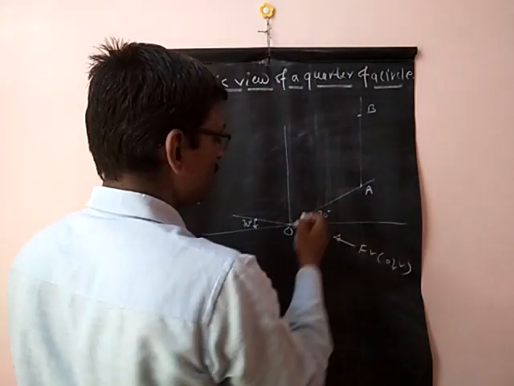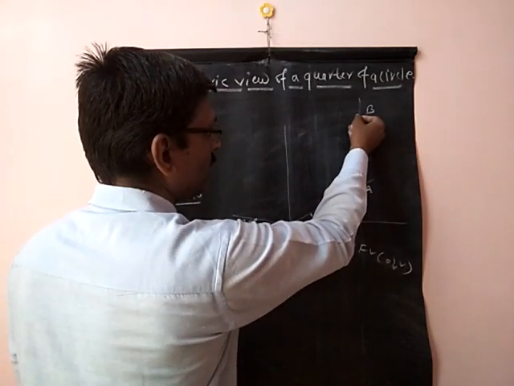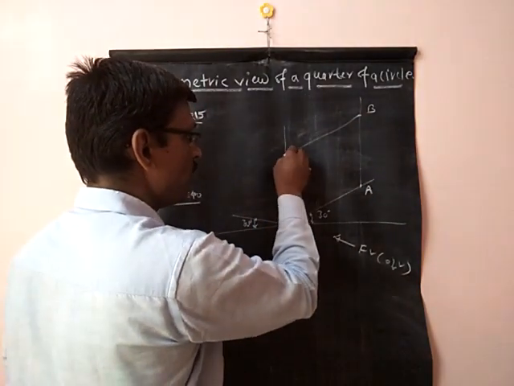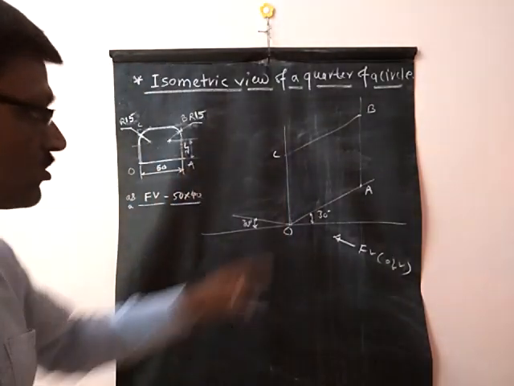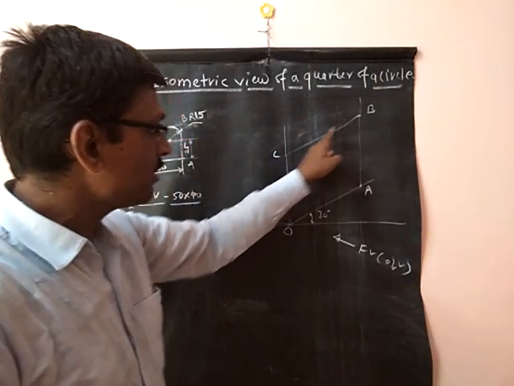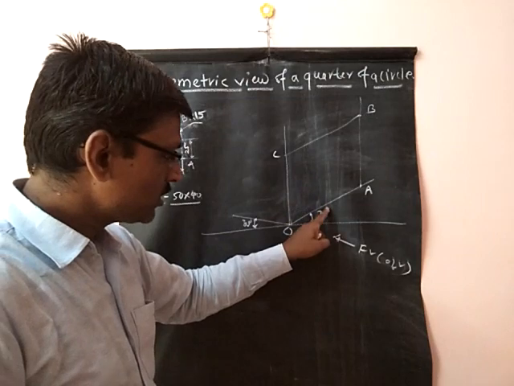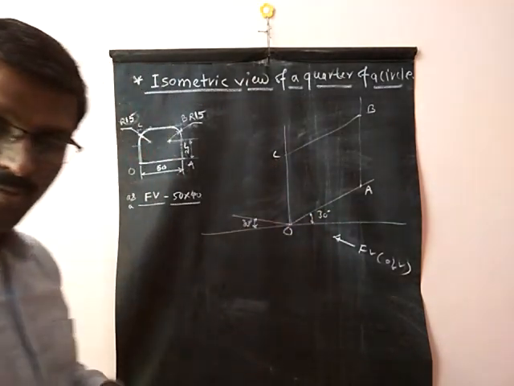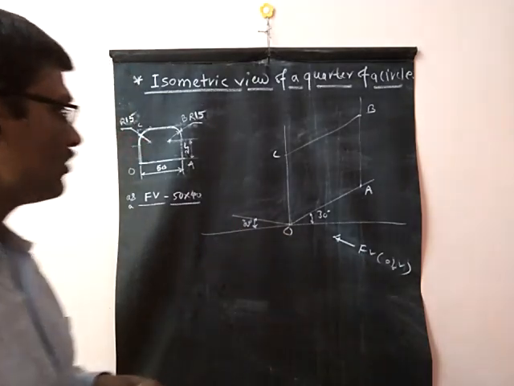We are doing OABC for our understanding and convenience. C will come automatically whenever you draw a parallel line; it will touch the vertical axis and give you point C. This is not very new to you.